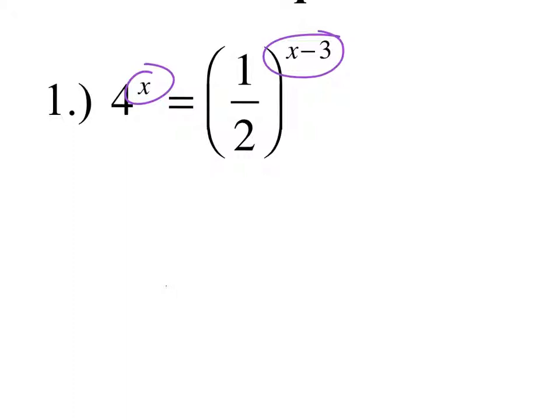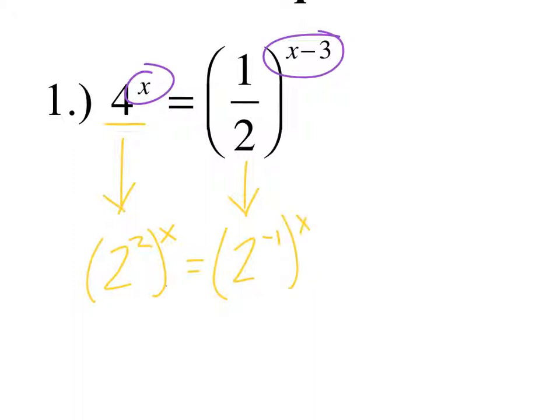So how would we rewrite 4 with a base of 2? Well, 4 is equal to 2 squared, and you still have your x outside there. Is equal to, what can we write 1/2 as? Well, 2 to the negative first. 2 to what power is 2? 1. It's a fraction, so negative.